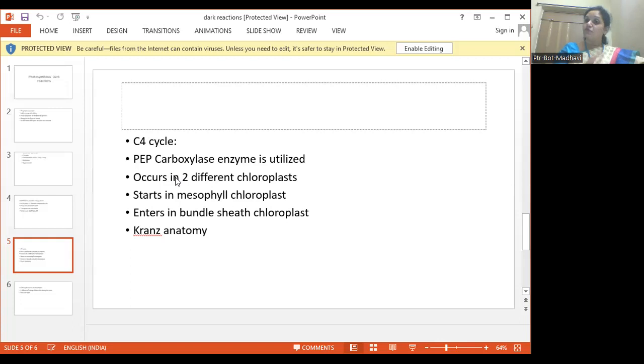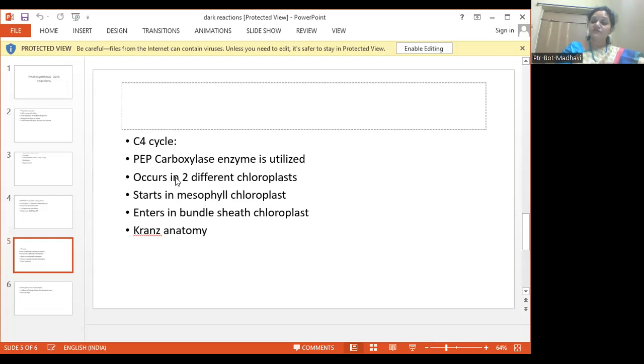In one chloroplast, the Rubisco enzyme is present, and the one cycle will be done there. In another chloroplast, the Rubisco enzyme is not present, so they will go with the PEP carboxylase enzyme.